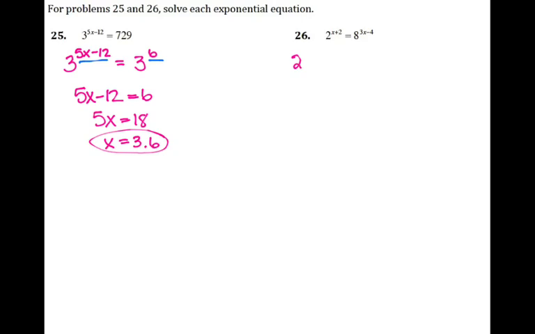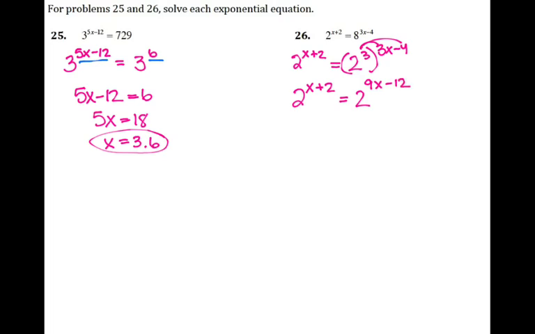For this one, I have 2 to the x plus 2, and I'm going to write 8 in terms of 2's. 8 is 2 cubed, times 3x minus 4. If I'm raising a power to a power, I multiply my exponents. So I have 2 to the x plus 2 equals 2 to the 3 times 3 is 9x, 3 times -4 is -12.